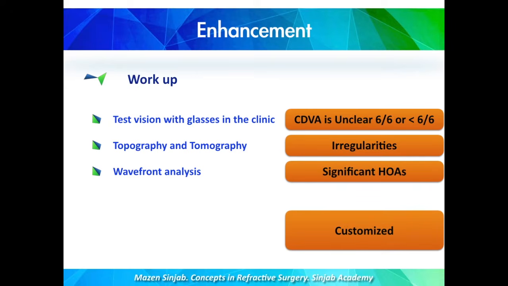We have to be sure that we have to use the customized or the optimized. Otherwise, if we do the customized for optimized cases, then we may induce high-order aberrations and we may cause additional and more unhappy 20/20 patients.